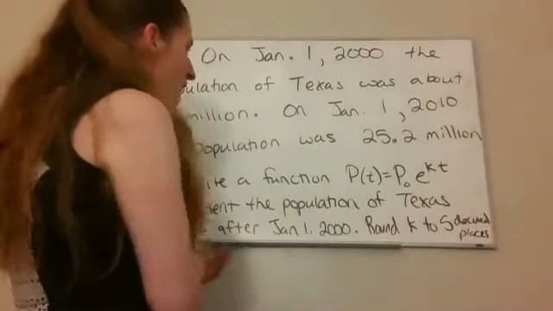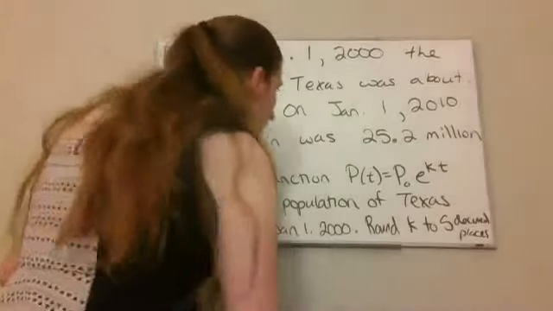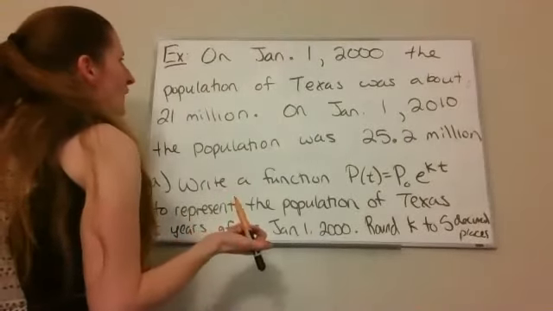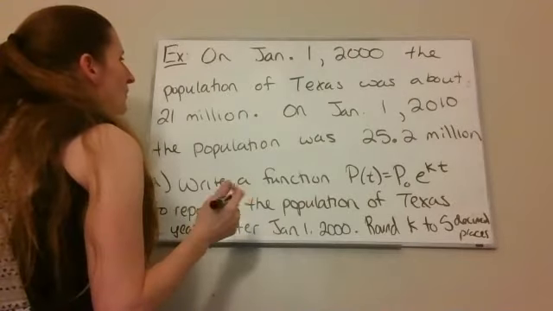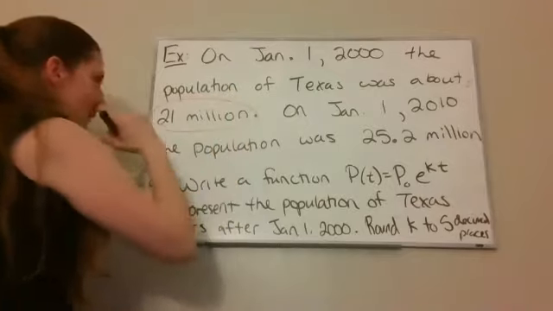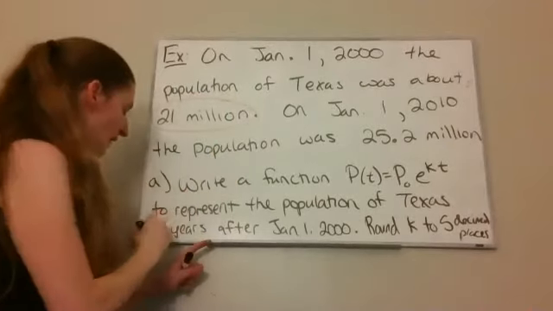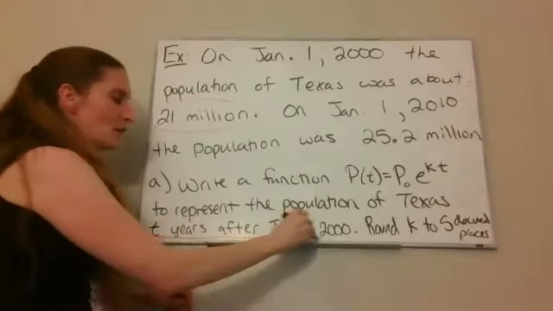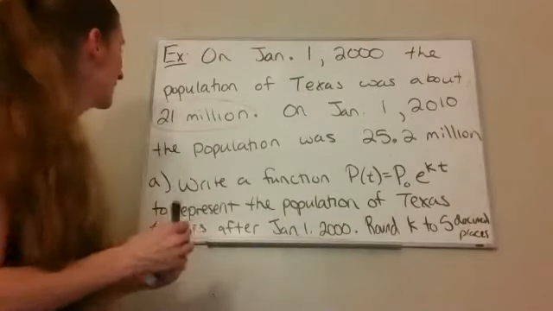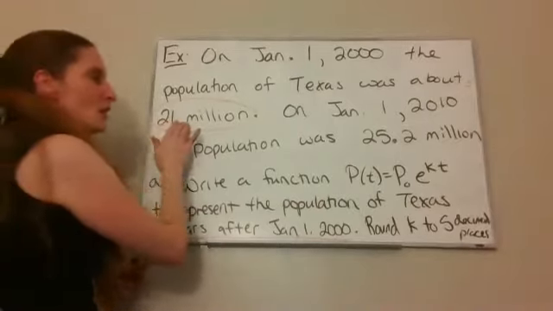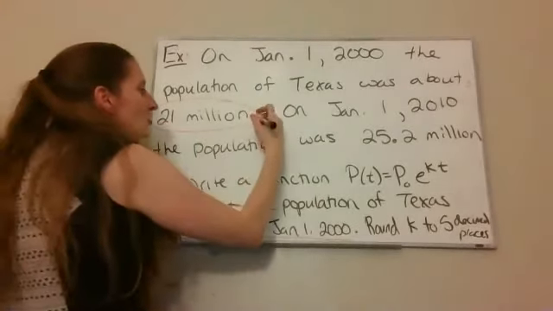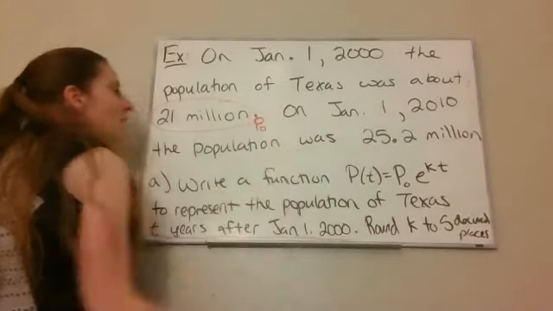So first thing we should do is figure out where everything is supposed to go. On January 1st, 2000, our population of Texas is 21 million. And we're going to be talking about years after January 1st, 2000. That means this 21 million, which was my population in 2000, that's my initial population, P0.